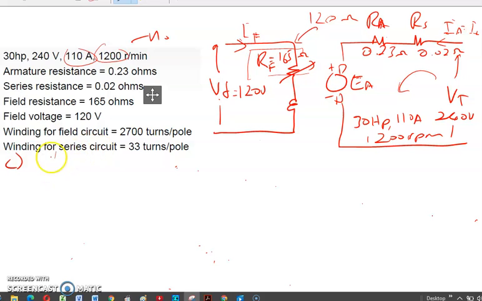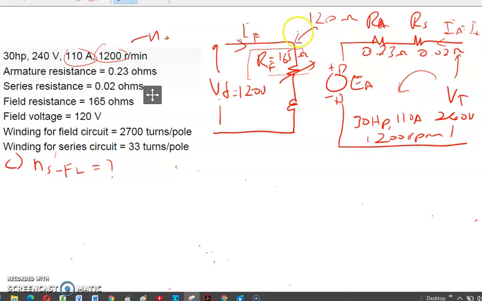The speed at full load, how much when the resistance is reduced to 120 ohm?